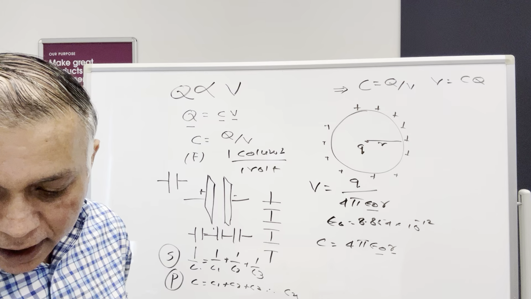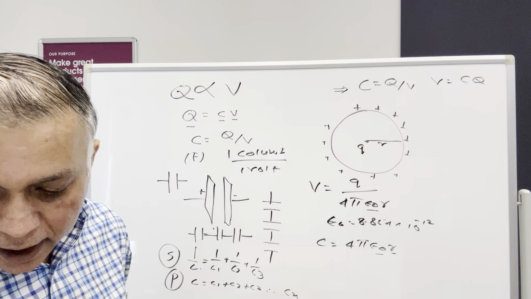Then comes the capacitance of an isolated spherical conductor. So let's say there is a spherical conductor like this, and we applied charge Q right in the center. This is the outer surface, so everything is charged, right? This is the center, and this is the radius of the sphere. So in this particular formula, positive charge will be concentrated in the center.